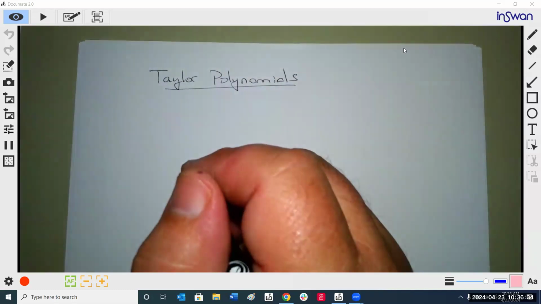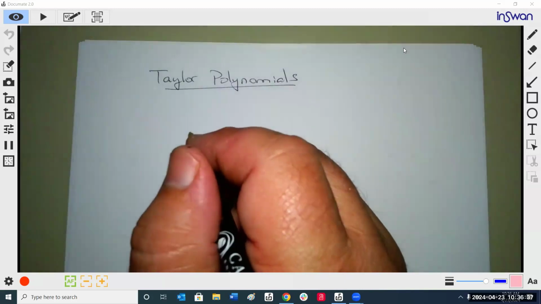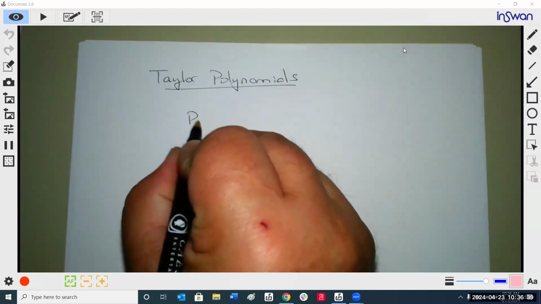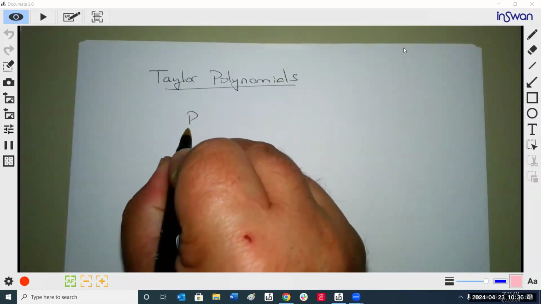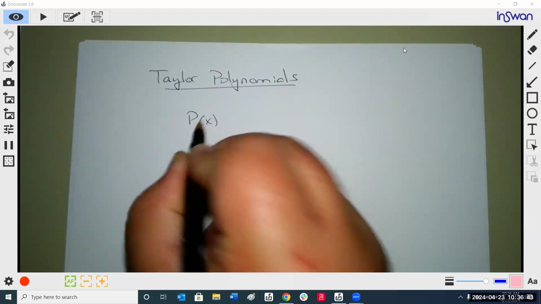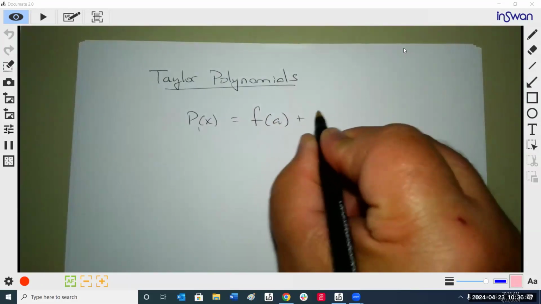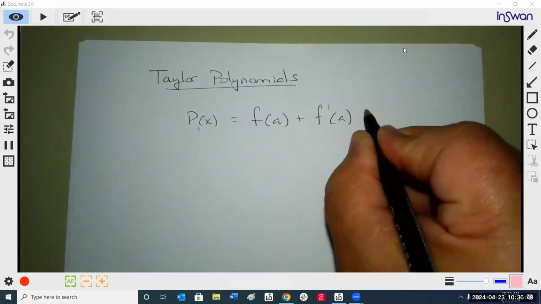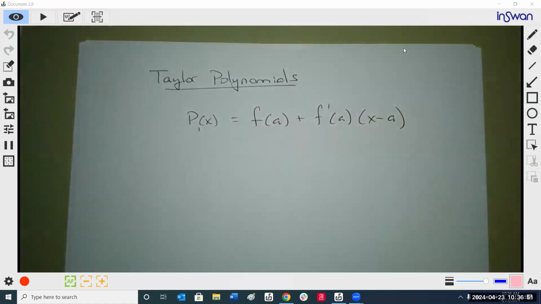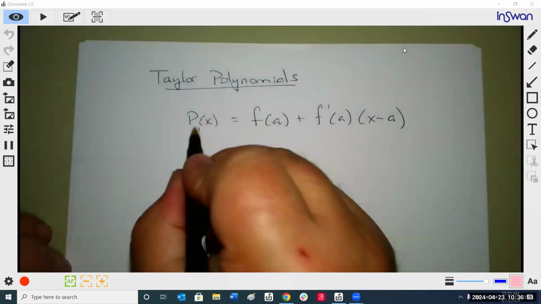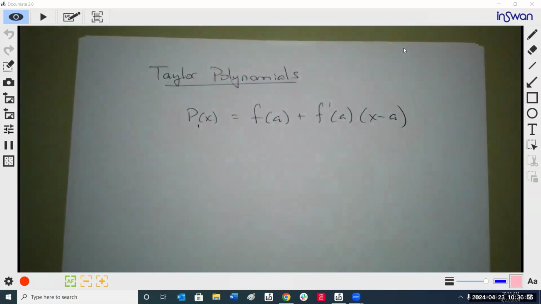We can linearize a function with the initial terms. This is a degree 1 polynomial.